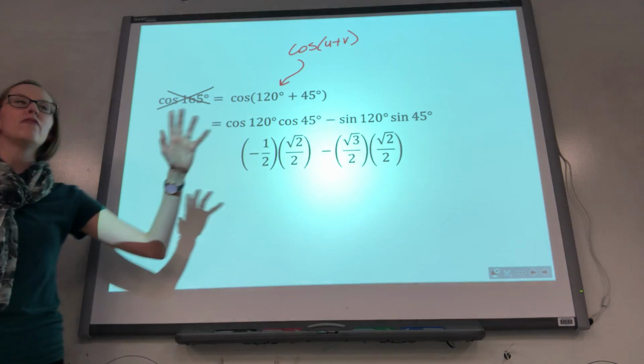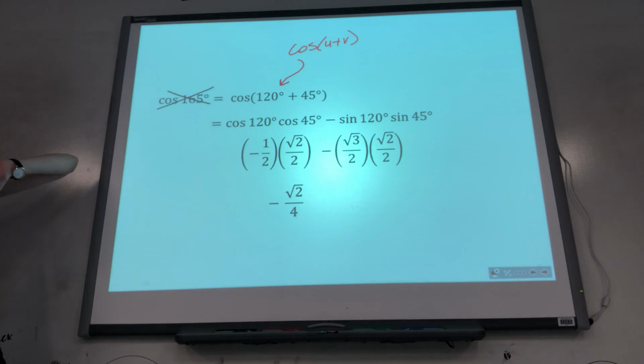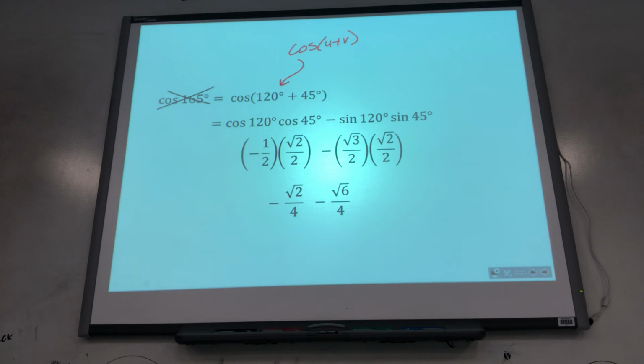Now multiplying all of that together, I get negative radical 2 over 4 minus radical 6 over 4, but we want to put it together anytime we have a common denominator. So that is negative radical 2 minus radical 6 all over 4. Any questions about the cosine in this problem? Okey-doke. Now one more part, tangent.